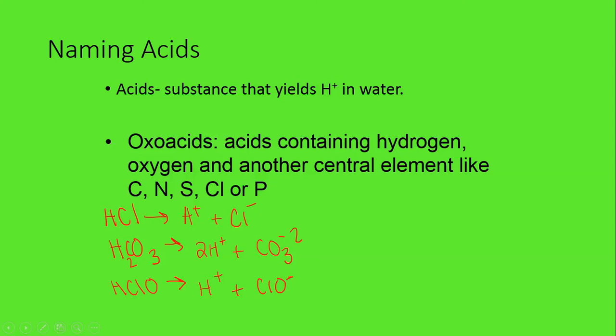So in terms of naming, what we really have to understand is that since hydrogen is produced in all of them, the thing that might be different would be that other ion. It could be that that other ion is just simply an element that is produced, and we can name it based on that. Or it could be that that other ion is what we call a polyatomic ion.